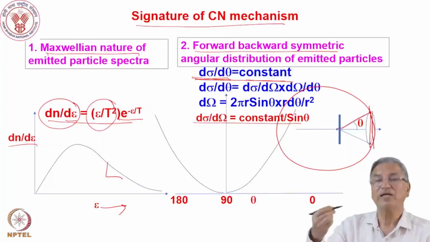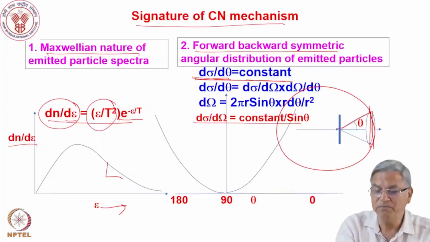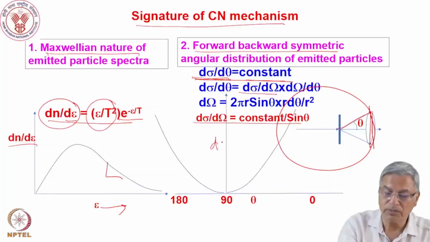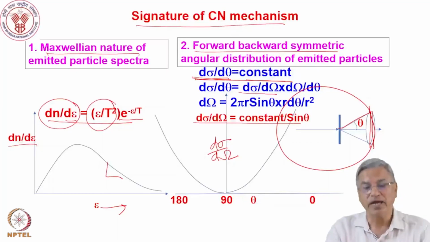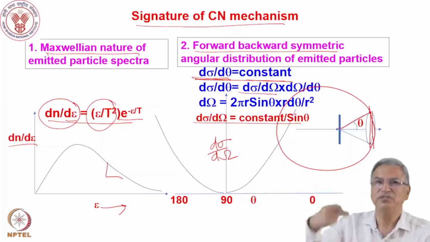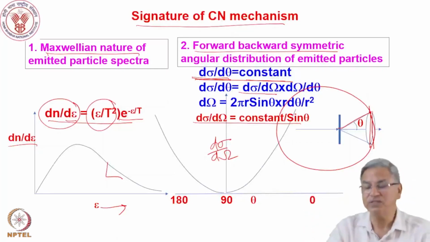So you try to find the solid angle, because what you essentially measure is d sigma by d omega. You are plotting here d sigma by d omega, where d omega is the solid angle subtended by this strip. It is a strip of the sphere having the same angle theta.